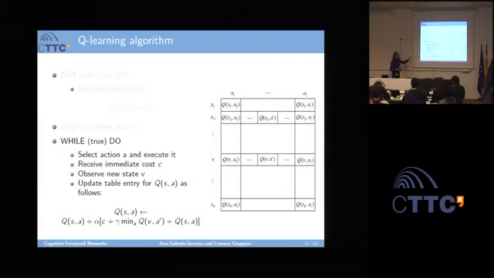And this is the difference. That is why this is an off-policy method: in the update it doesn't take into account the policy it's following. And this is the main difference with the SARSA algorithm, where for the update of the Q value, it will choose the action following the current action selection policy.